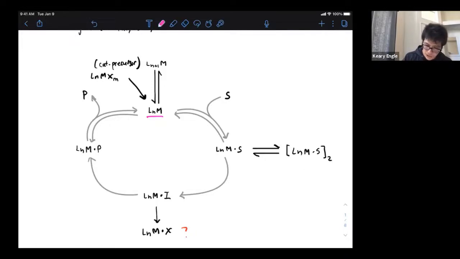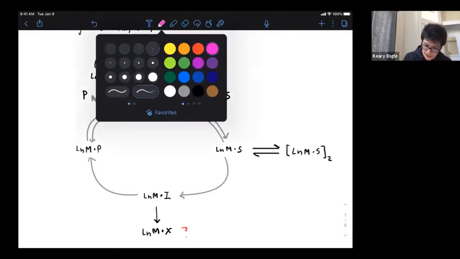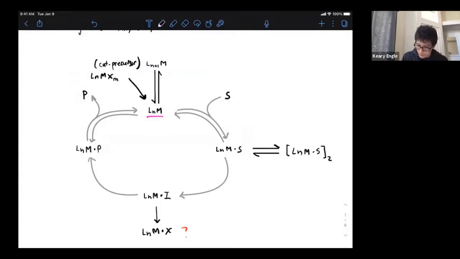And then here too, a commonly encountered scenario is that you can get off-cycle species that would arise from multiple things. What Hartwig draws here is a non-productive dimerization of the substrate catalyst complex, again, reversible. Alternatively, you can have a non-productive form of the catalyst that contains two molecules of substrate. So the catalyst's got to get this just right most of the time.